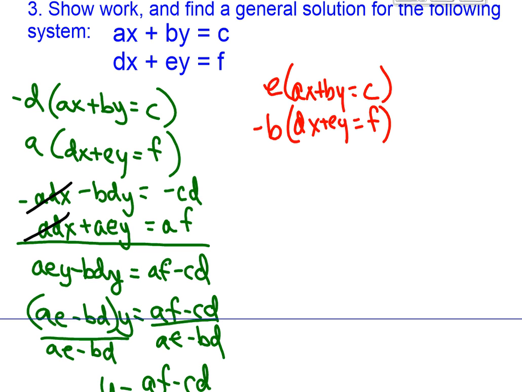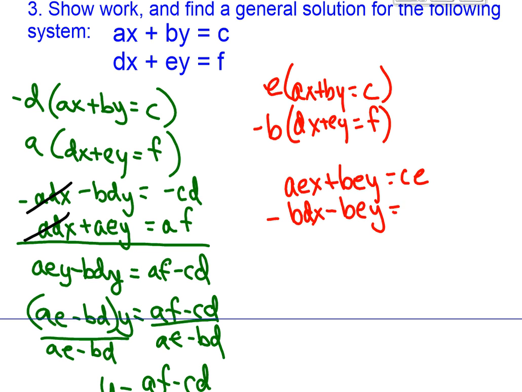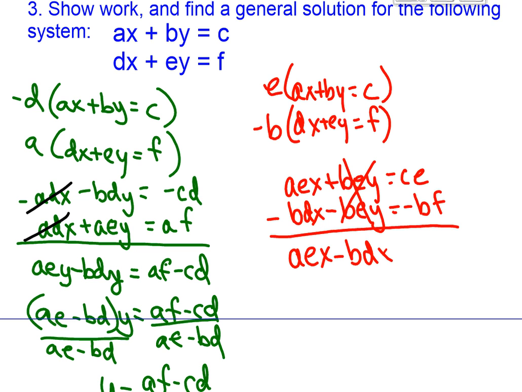And then when I distribute that, I get aex plus bey equals ce, and I get minus bdx minus bey equals minus bf. And then when I add those, the beys cancel out, and I get aex minus bdx equals ce minus bf.